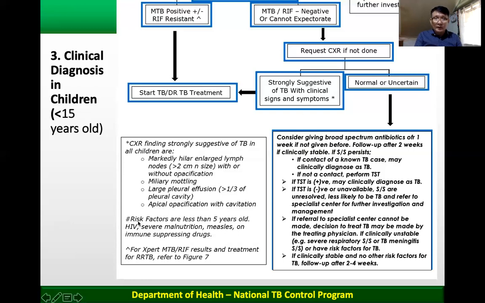Now, the risk factors are age less than 5 years old, HIV, severe malnutrition, measles, or immune suppressing drugs. For Xpert MTB result and treatment for RR-TB, you can refer to figure 7.